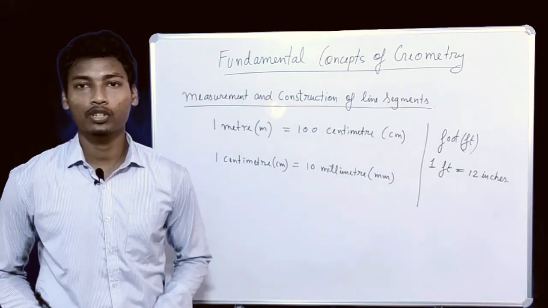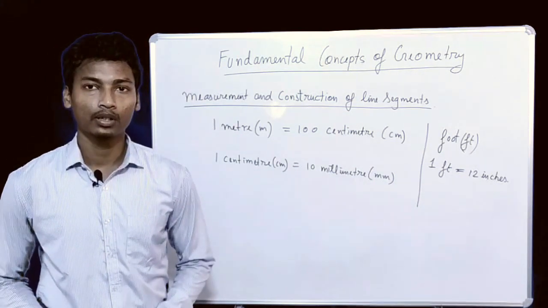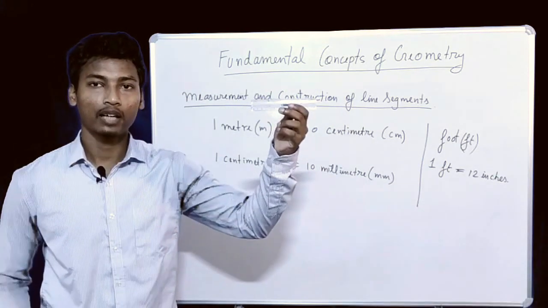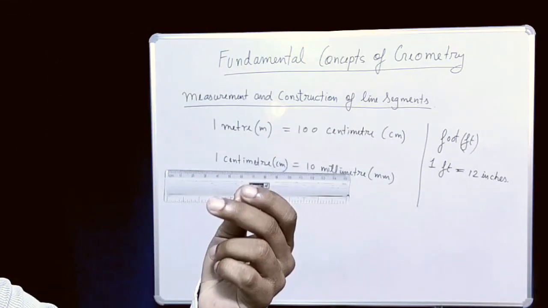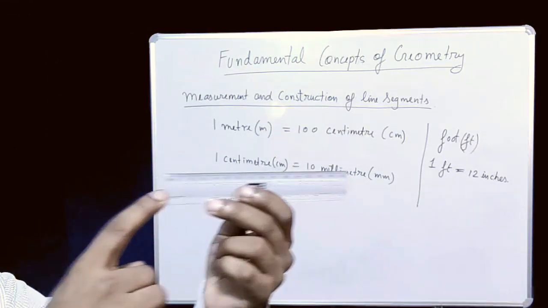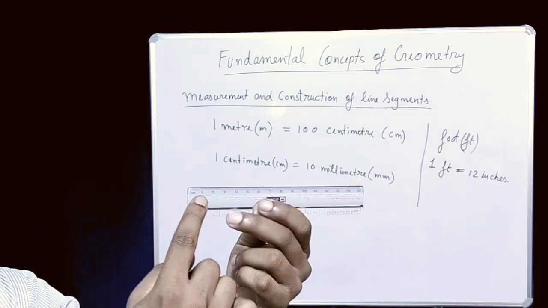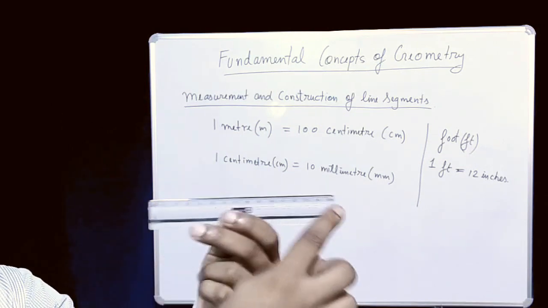To help us with the measurement of line segments, we have a straight-edged ruler. Rulers are available in 15 centimeter length and 30 centimeter length. If you carefully look at the ruler, you will see some marks with numbers 0, 1, 2, 3 till 15.